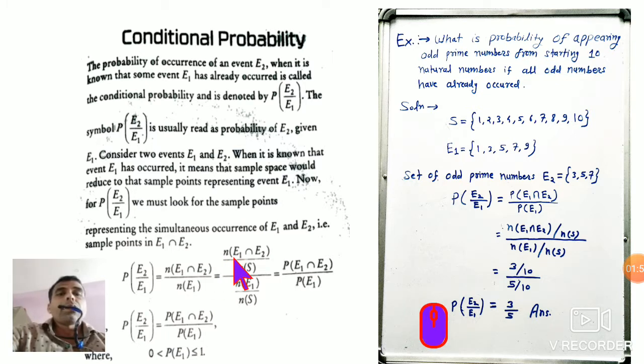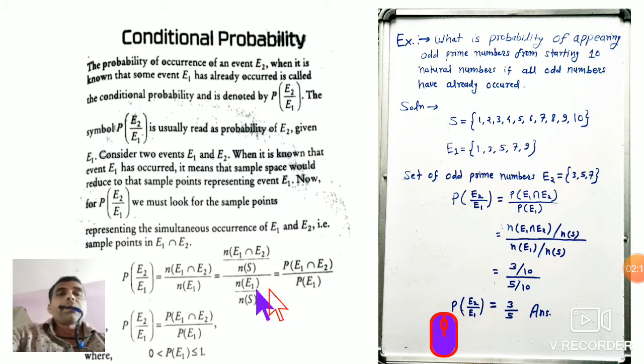Then you have to divide both by the number of total elements of the sample space. So you will get the probability of E1 intersection E2 and the probability of E1.